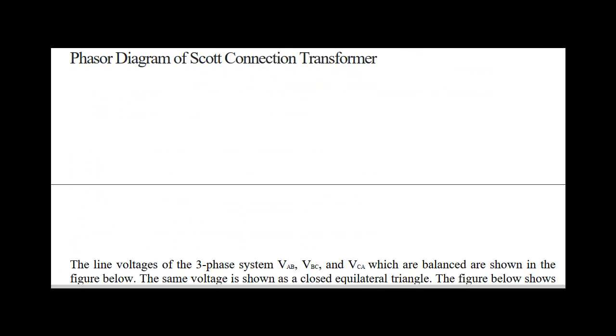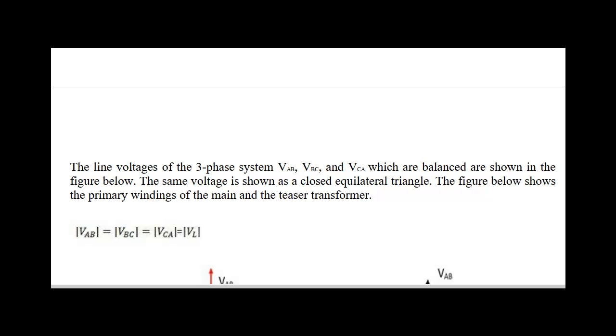Phasor diagram of the Scott connection transformer. The line voltages of the three-phase system VAB, VBC and VCA, which are balanced, are shown in the following figure. They are 120 degrees apart from each other in phase.